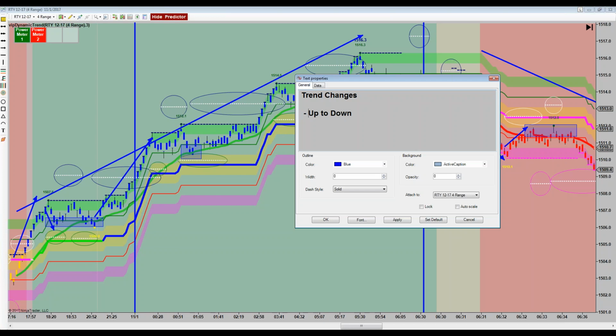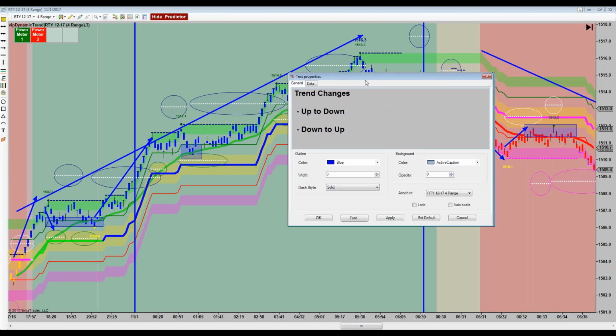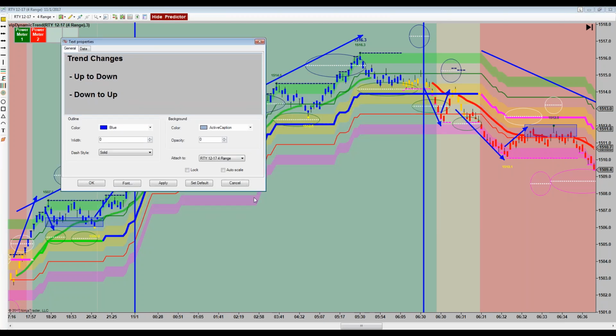Now, does it always just go from up to down or down to up? We have a trend change in a market. Any given market could be gold, could be anything. We're either going up and then we go down, or we go down and then we go up. That's pretty much it, right?